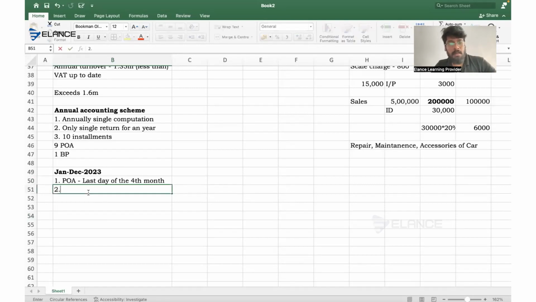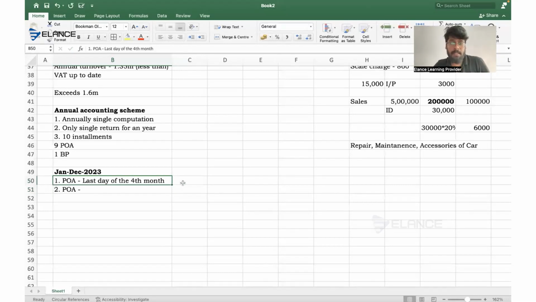The second, third, fourth, fifth and all remaining payments on account will be due on the coming month ends. The first installment is due on the 4th month's last day. My accounting period starts in January 2023, so the 4th month is April: January, February, March, April.